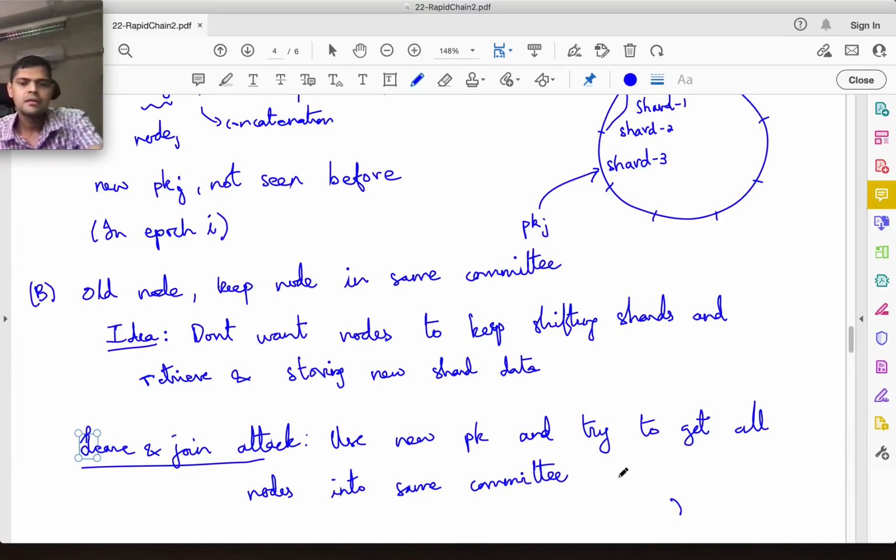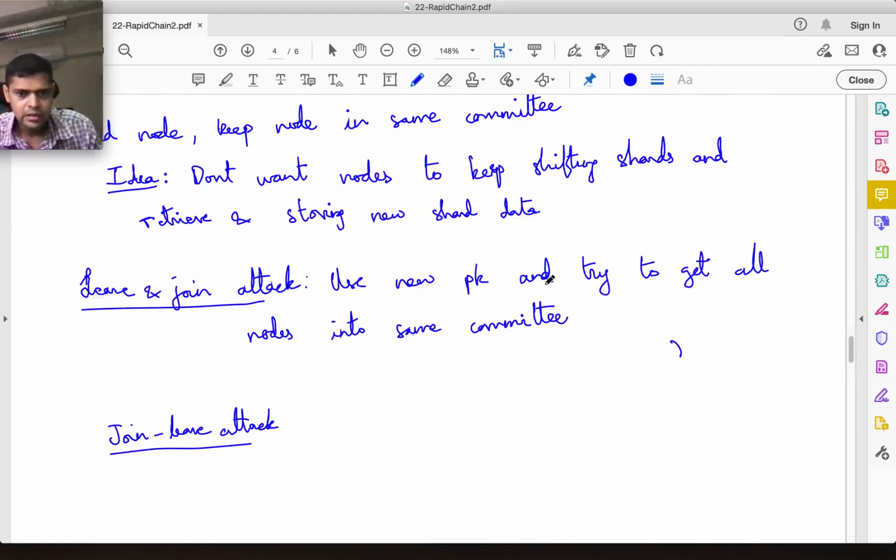Something like this could be done. So they allow this to happen. We are assuming that within a particular epoch everything remains fixed, because the adversary, or in fact everybody else, has already been assigned to committees. But the next time the adversary could try to change his public keys and push all his nodes into a particular shard.